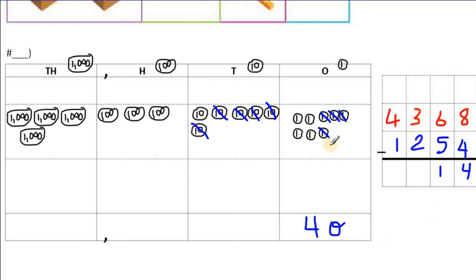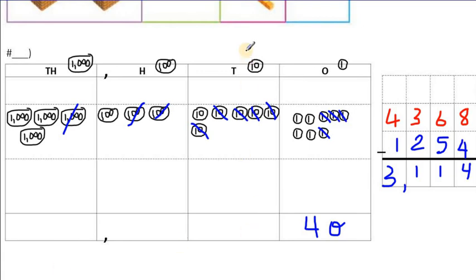Now we're looking at 300 minus 200. 300 minus 200 leaves 100. And now I've got 4,000 minus 1,000 is 3,000. So this is the method that I would prefer that you use in our lesson today.